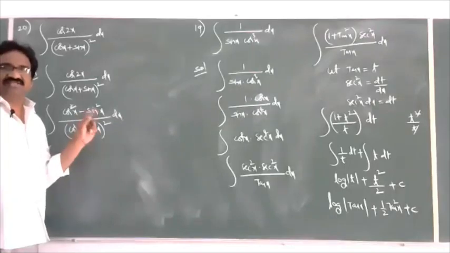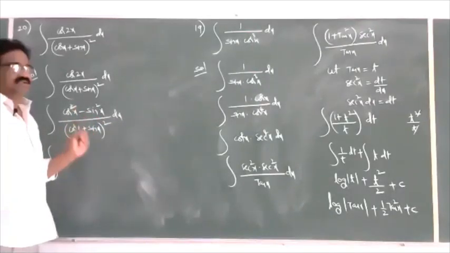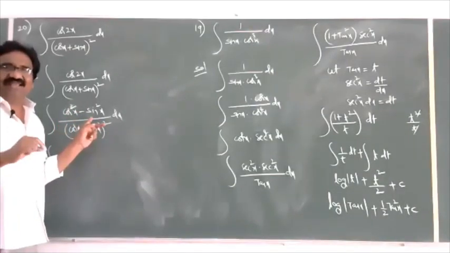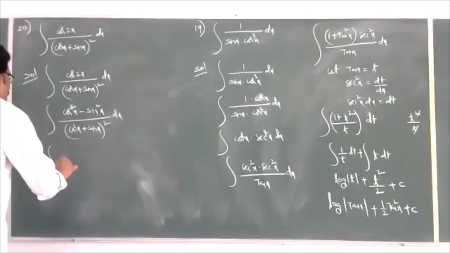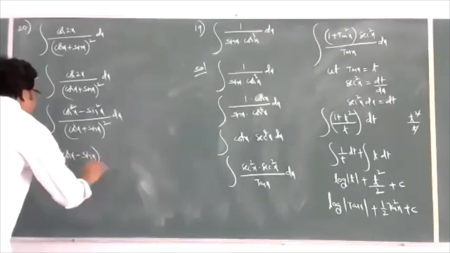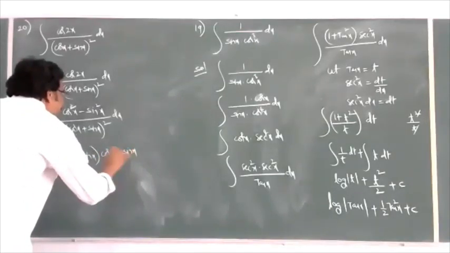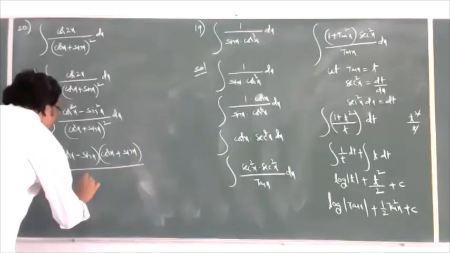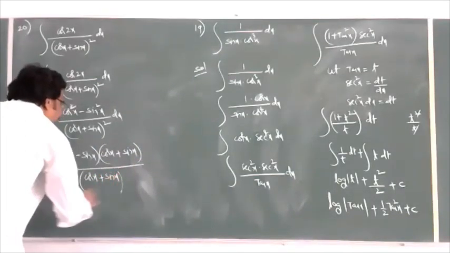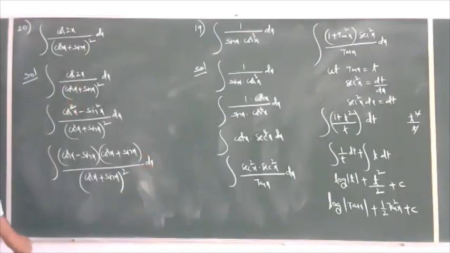Cos square x is (cos x) whole square, minus sin square x is (sin x) whole square. It should be written as a minus b into a plus b. That is (cos x minus sin x) into (cos x plus sin x) by (cos x plus sin x) whole square into dx.